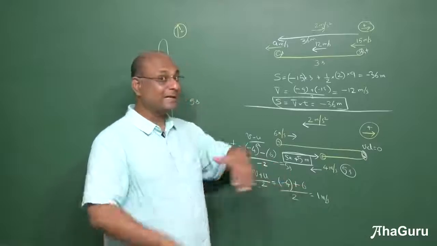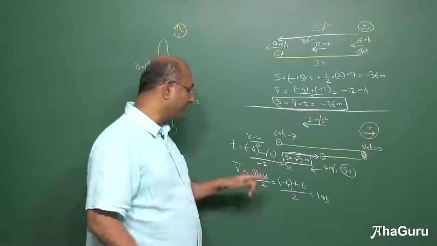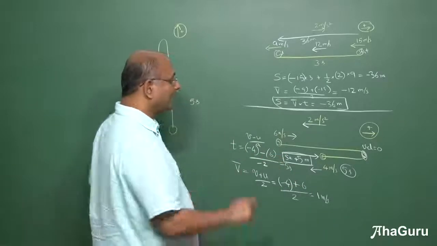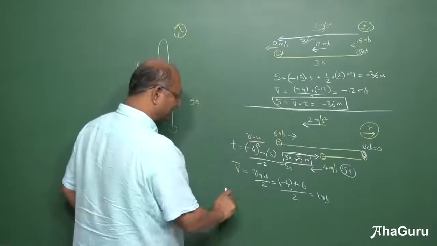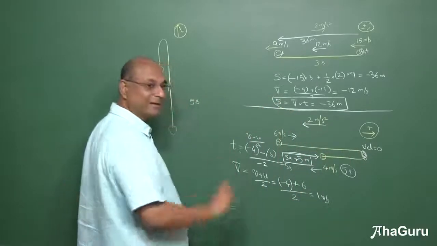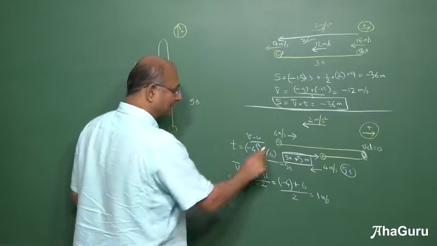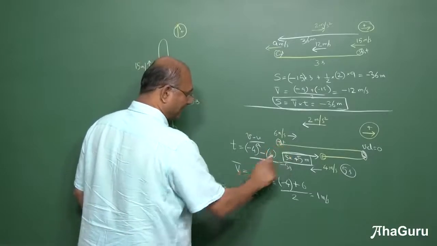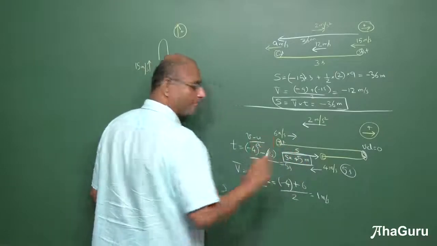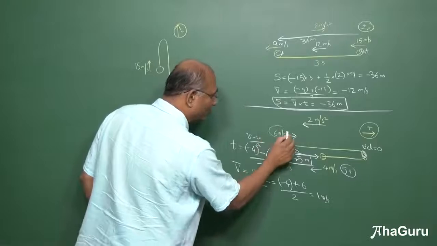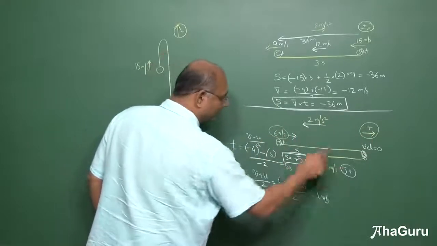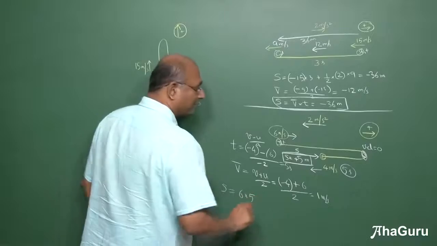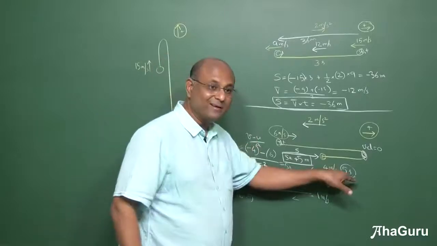I did not use that other formula, ut plus half at square. I used average velocity into time. Can I use ut plus half at square to calculate displacement? Yes. So let us calculate displacement. What is the displacement? S, not this S, this is start. I am talking about this S. S is u into t, but to calculate t, I had to do all this anyway.